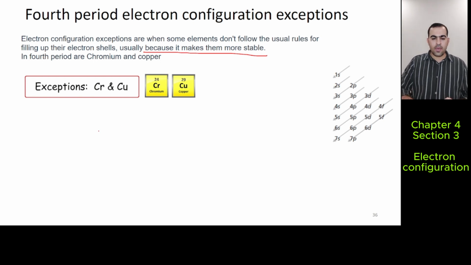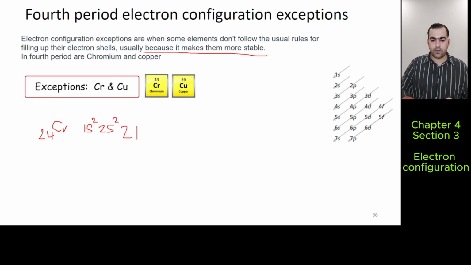For chromium, atomic number 24, I start from 1s: 1s2, then 2s2, then 2p6. After 2p, 3s2.